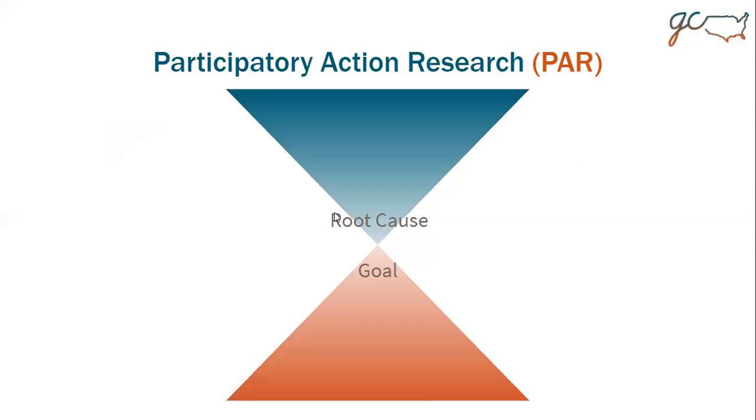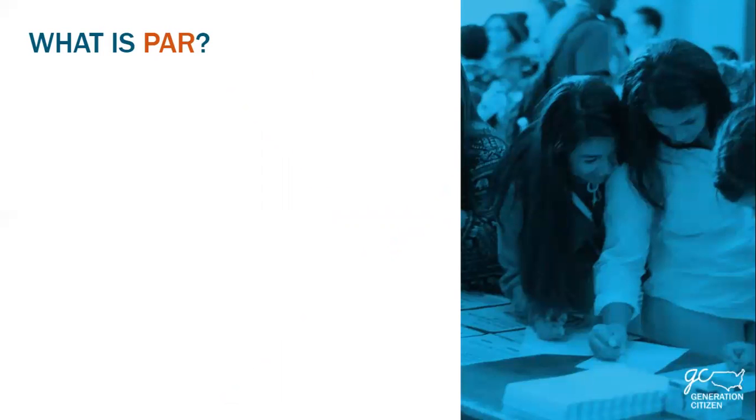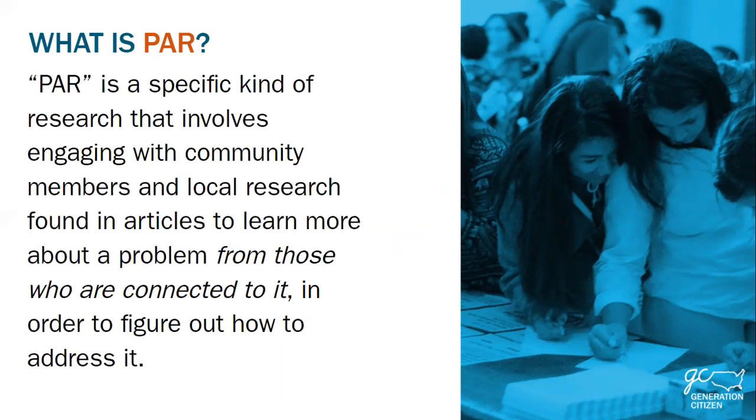So once the students understand this whole idea of root cause, then they're going to do some real research. What they're going to do is called participatory action research. As I framed in the beginning, students are taking on this project through a student-centered approach, and the research is very student-centered as well. Participatory action research is essentially a specific type of research where you're engaging with community members and local research found in articles.